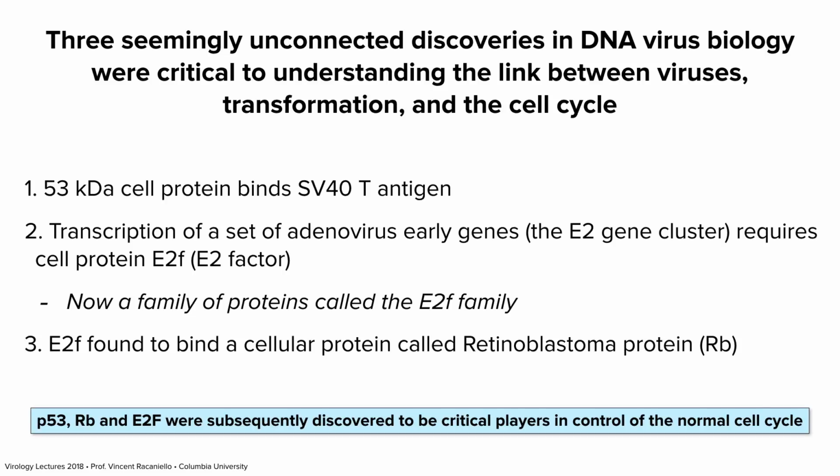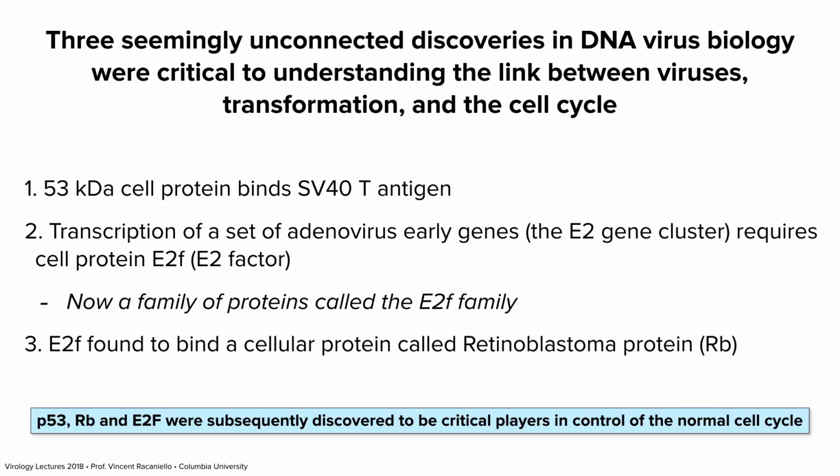And these three discoveries here tied all of this together, made in many different laboratories. First, SV40 T antigen was found to bind a cell protein of molecular weight 53,000 Daltons. This protein came to be known as P53, which is an amazingly famous protein. It's mutated in almost every human cancer, and I think you'll understand why in a moment. Second, and this is something we've talked about before, transcription of the early adenovirus E2 genes requires a cell transcription factor called E2F.